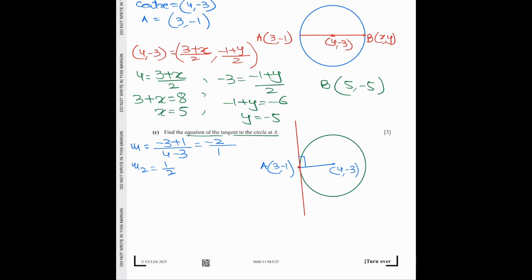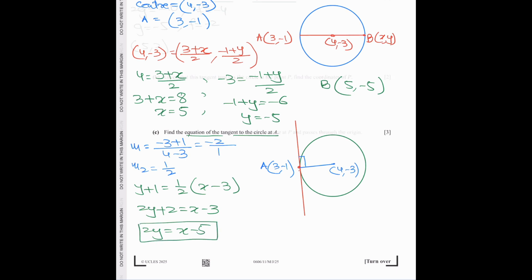Using coordinate A and the gradient, find the equation. So y minus y1 equals m times (x minus x1). You may give your answer in this form, or you may simplify by cross multiplying. So 2y plus 2 equals x minus 3 and 2y equals x minus 5. So this is your required equation of line.